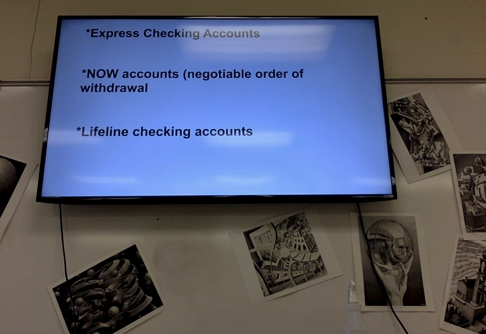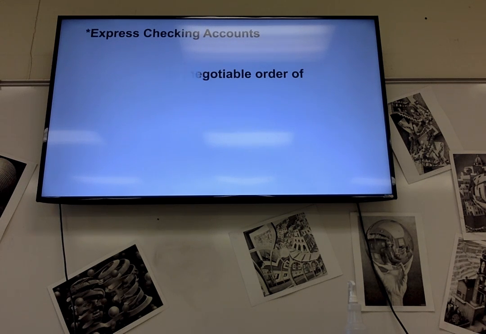Okay, next is the express checking accounts. These are for your online only banks.